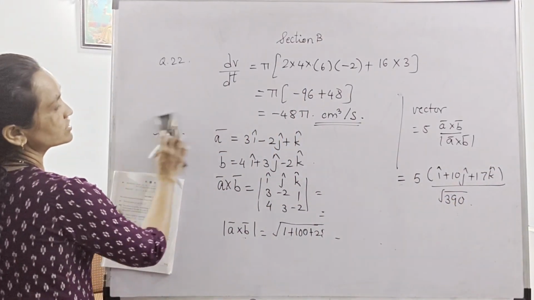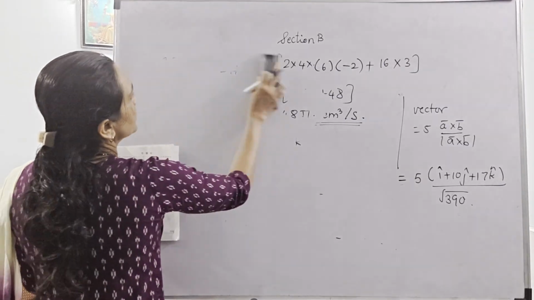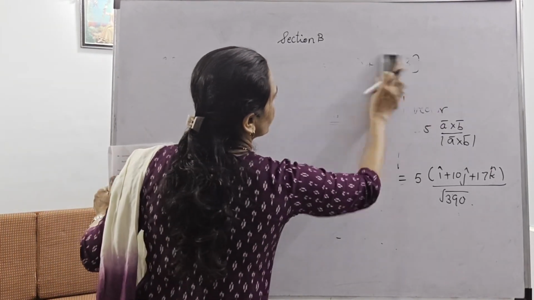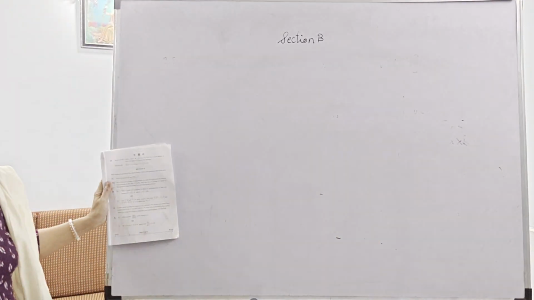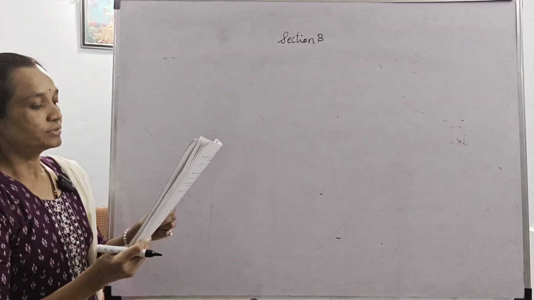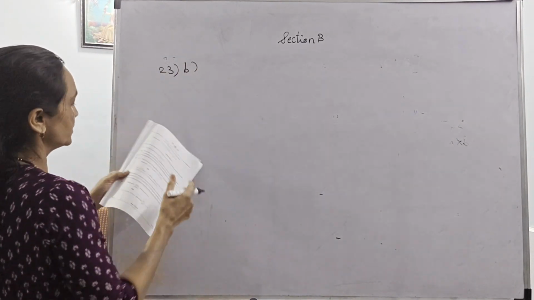So this was the straightforward question for 2 marks. It is asked in the board exam. It is important to remember that the perpendicular vector obtained from the given two vectors is the cross product of the two vectors.